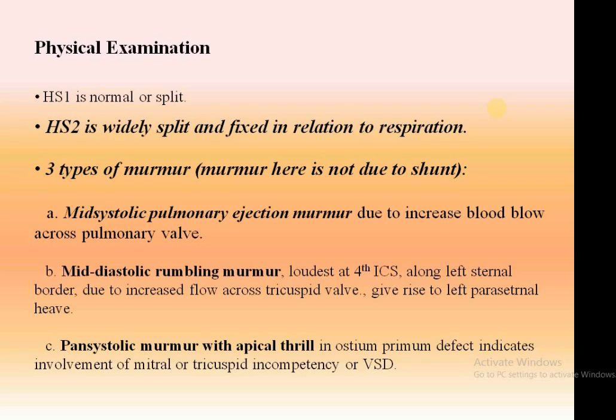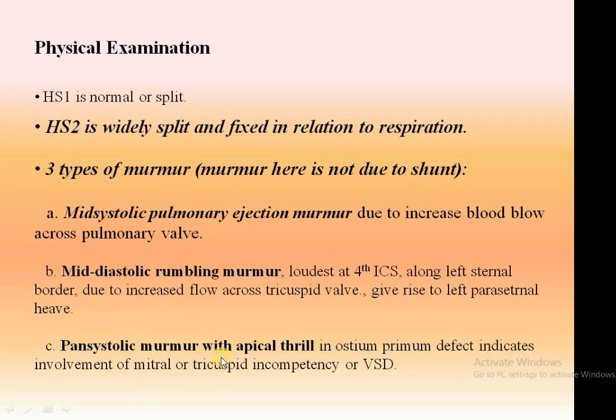So one murmur, when this excessive flow of blood passes through the pulmonary valve, will be a systolic murmur, that will be the mid-systolic pulmonary ejection murmur due to increased blood flow across the pulmonary valve. Then because of the increased blood flow through the tricuspid valve, that will be the diastolic murmur, mid-diastolic rumbling murmur, and a holosystolic murmur, that is a pansystolic murmur in complete systole.